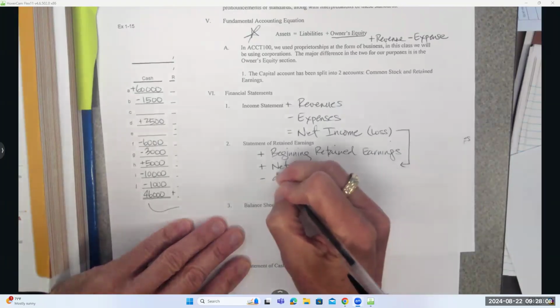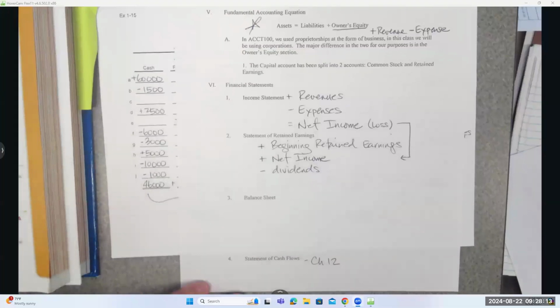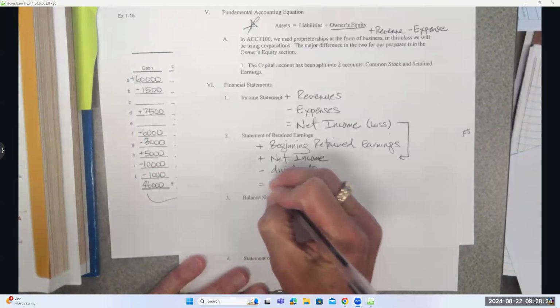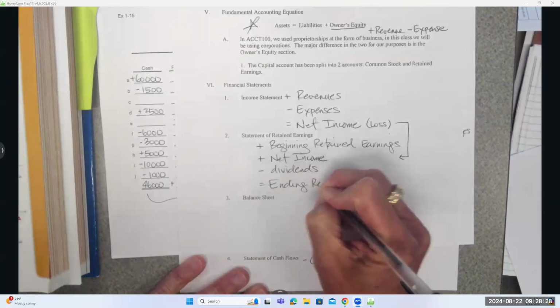We're going to subtract out any dividends paid, which are direct disbursements of the equity of the corporation to the stockholders, who are the owners. And then we're going to get ending retained earnings.